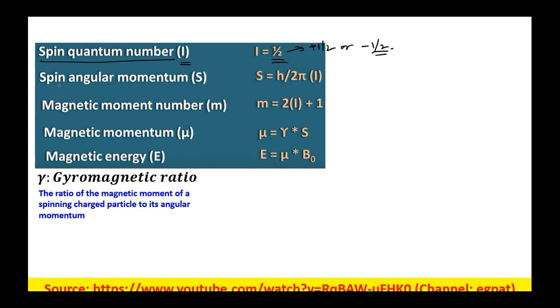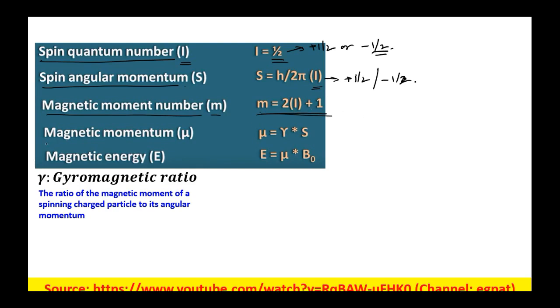Then spin angular momentum S, given by h by 2 pi I, where I would be either plus half or minus half. Then magnetic moment number M, given by 2I plus 1. Magnetic moment number M equals 2I plus 1.